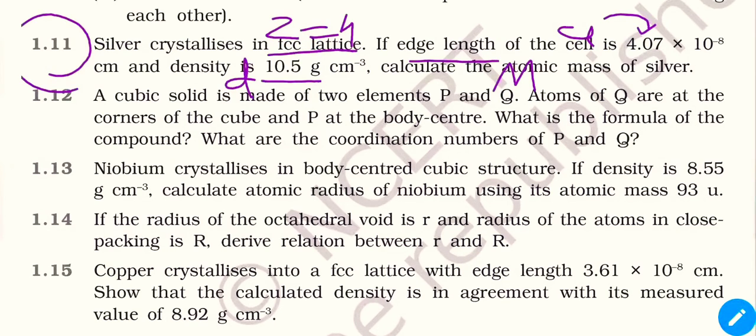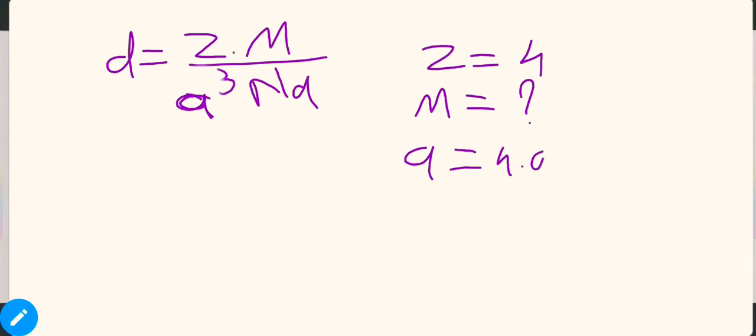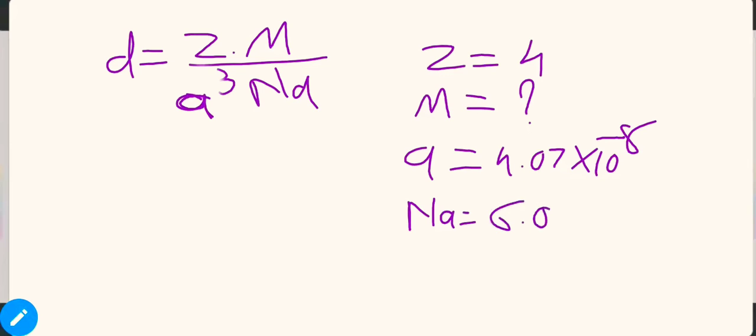So in this case we will use the equation of density. Density is equal to Z into M upon a cube N A, where Z will be 4, M we need to find, edge length is 4.07 into 10 raised to minus 8 centimeters, and N A is Avogadro number, 6.022 into 10 raised to 23.